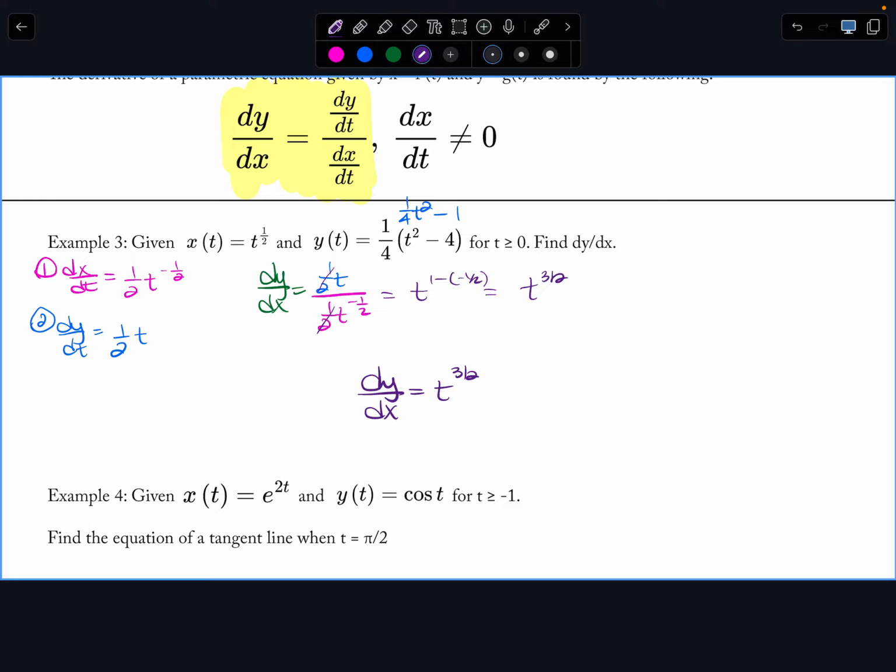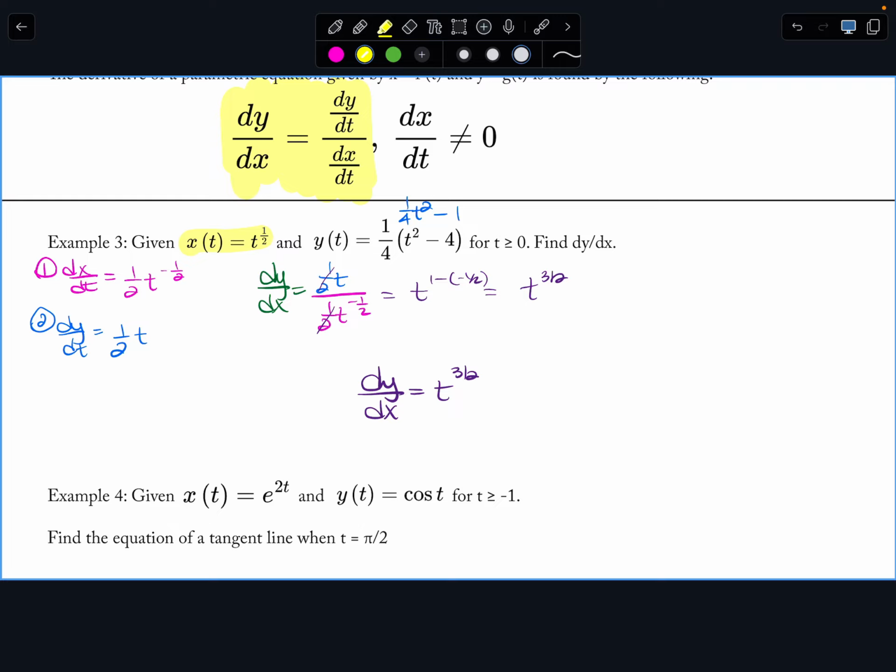Now, what's going to be weird about this, and I saw it somewhere, it's not here. I could ask you, which would be terrible, to write dy dx in terms of x instead of in terms of t, which would require a little bit more effort, once you get your dy dx, to eliminate the parameter.